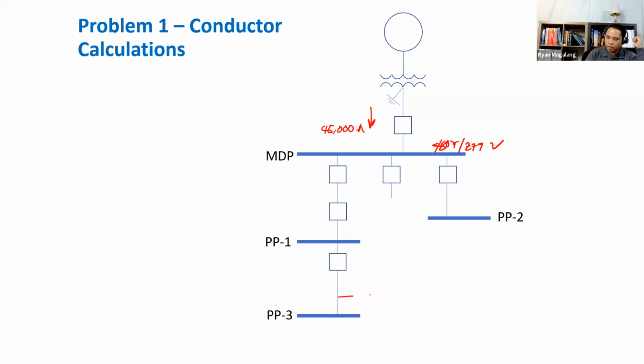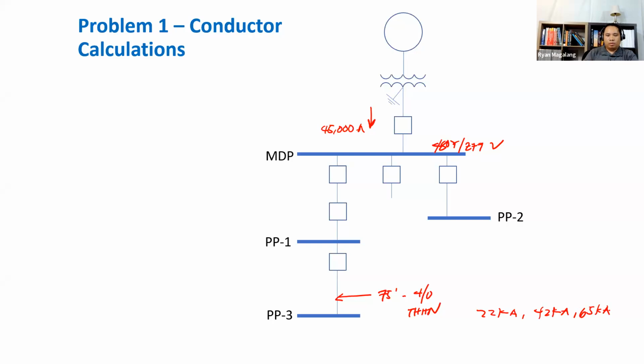This is a new panel, let's say, and we have a 75 feet 4-aught conductor here with THHN insulation, let's say. For PP3, our choices are 22 kA, 42 kA, and 65 kA.